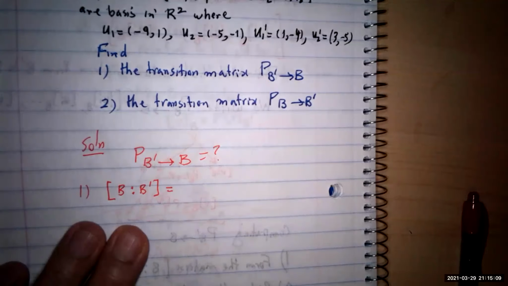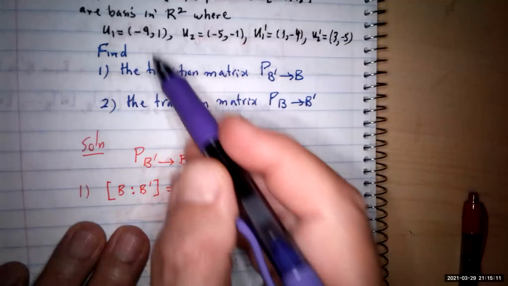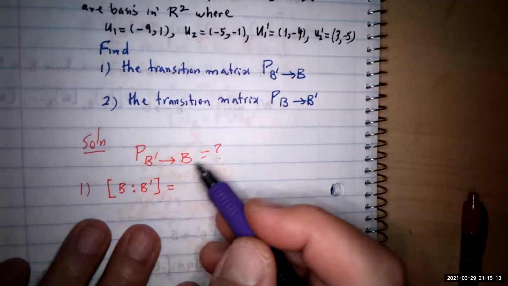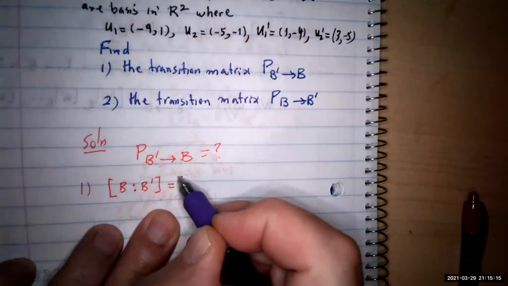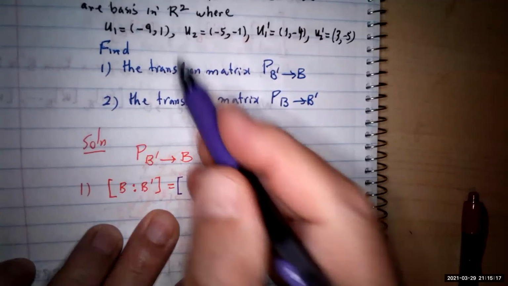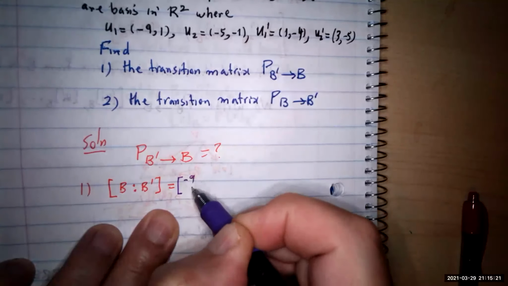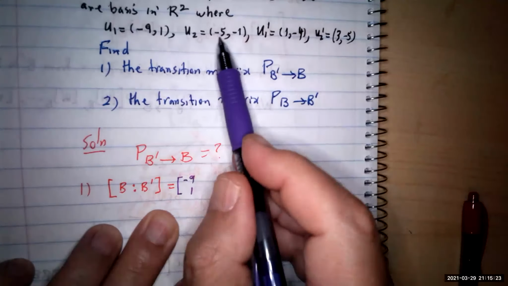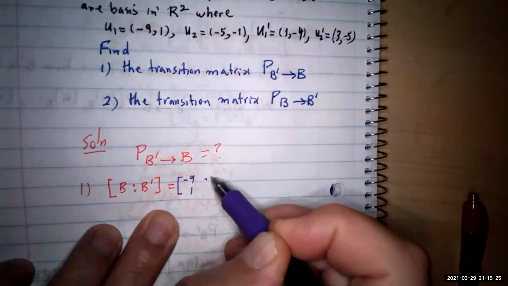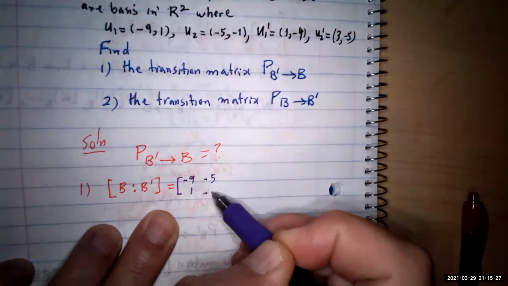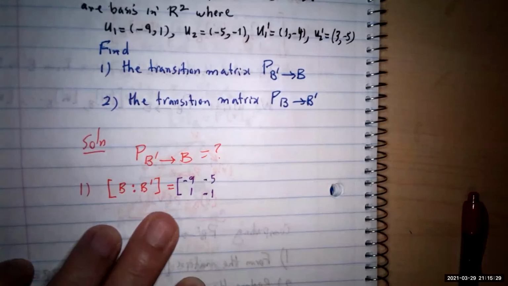For the first one, the first column is going to be a column matrix, not a row matrix. Most people miss it on the test. So it's going to be -9, 1 as the column. And then U2 is going to be -5, -1. This is the way you write it down.